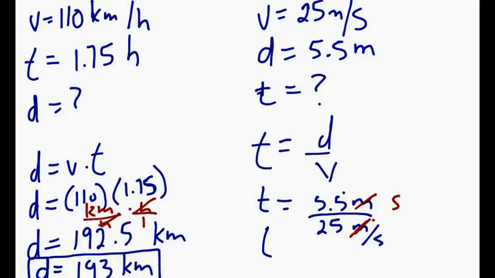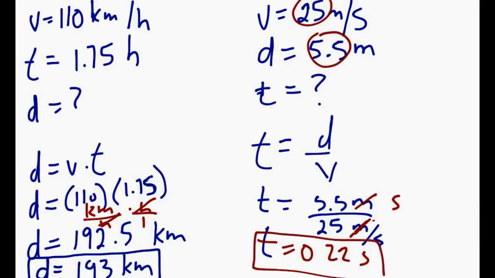So 5.5 divided by 25, we get an answer of 0.22 seconds. Do we have the correct digits? We had 2 in the original velocity, 2 in our distance. Here we still have 2 because that 0 in front doesn't matter. So we're good. 0.22 is our correct time.